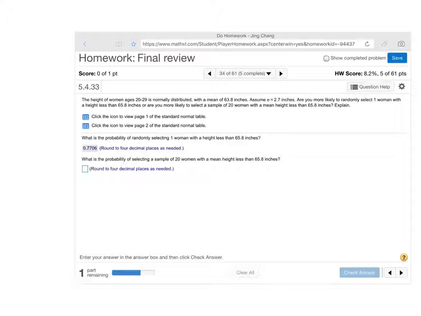So we only change the standard deviation, and then the answer should be 0.9995.